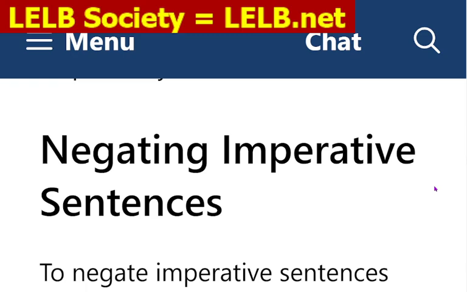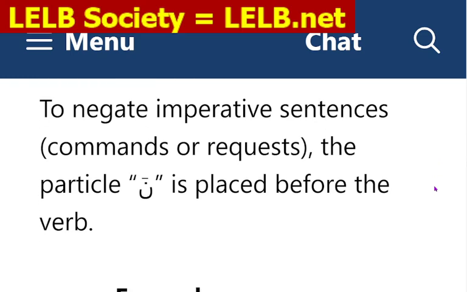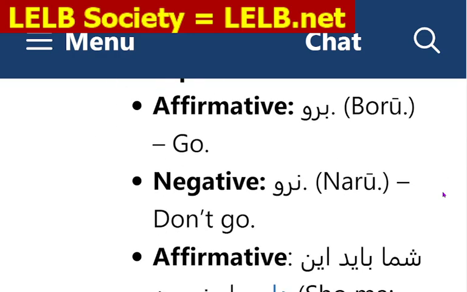Okay, negating imperative sentences to give commands and orders. To negate imperative sentences, commands, or requests, the particle نه again is placed before the verb. For example, the affirmative برو, it means go. It's actually an order, go somewhere, for example.